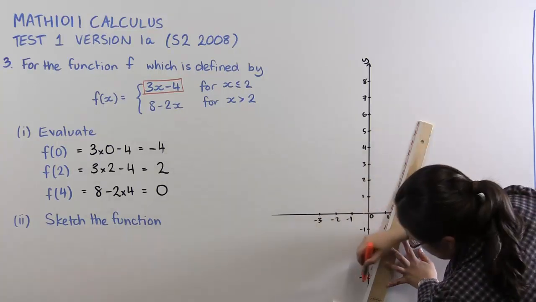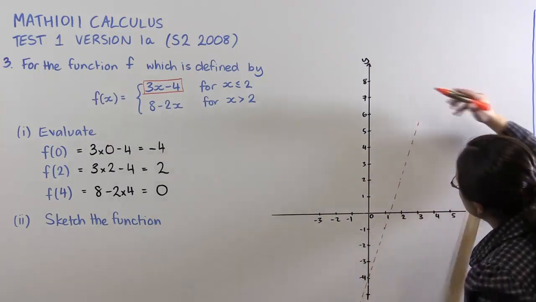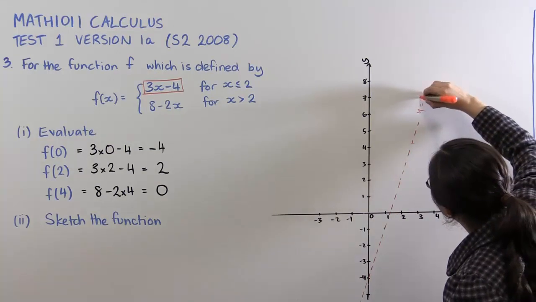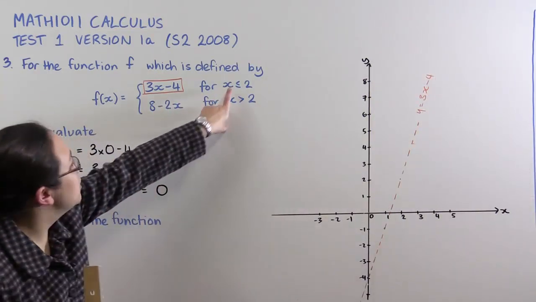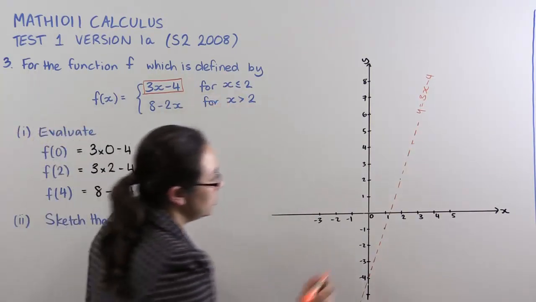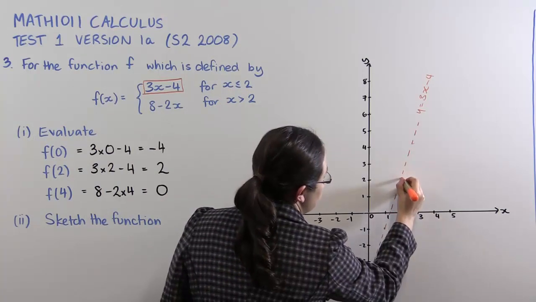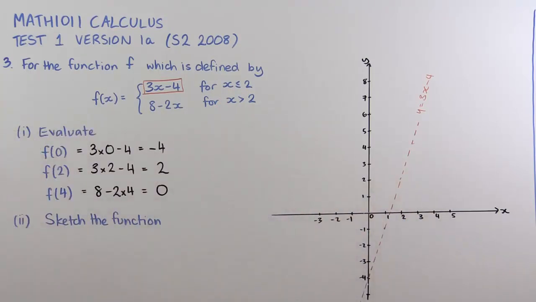I'm just drawing it dashed here because this is y equals 3x minus 4, but we only want to take that graph when x is less than or equal to 2. So when x is equal to 2, we know f of 2 is 2. We know that from part 1 anyway.